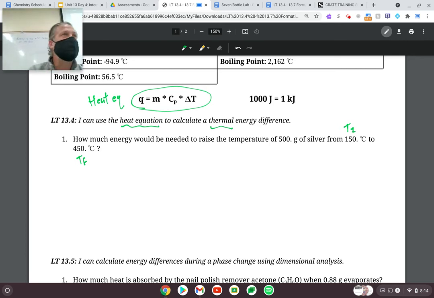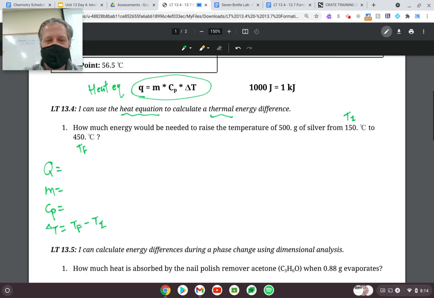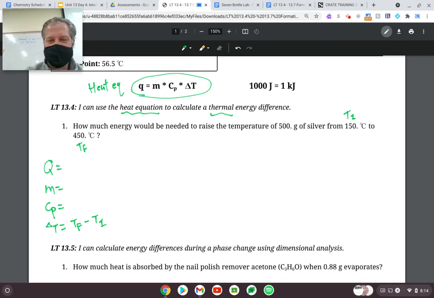I'm going to identify my variables like I always do. Q is equal to mass times specific heat times change in temperature, which we've always identified to be TF minus TI. Going through the problem, it says how much energy would be needed to raise the temperature of 500 grams of silver.